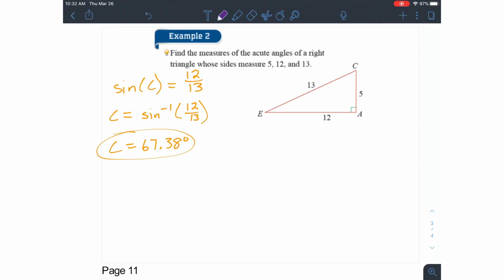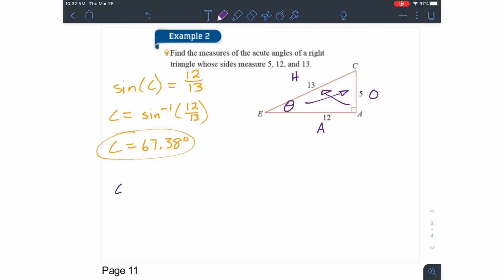So I'm going to erase everything because now theta is going to be there. So our opposite side is now going to switch to be 5, our adjacent side is going to be 12, and then the hypotenuse is going to be 13. And now we can solve for angle E. So let's just say we want to do cosine this time because I want to use 12 over 13 again.